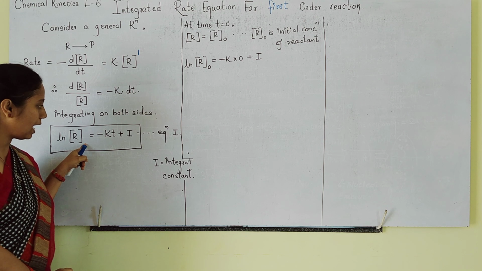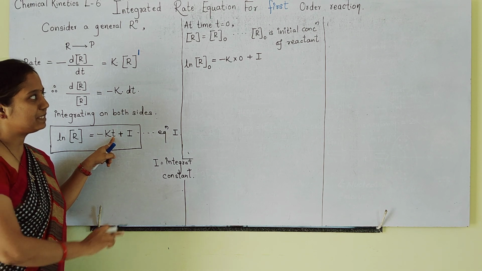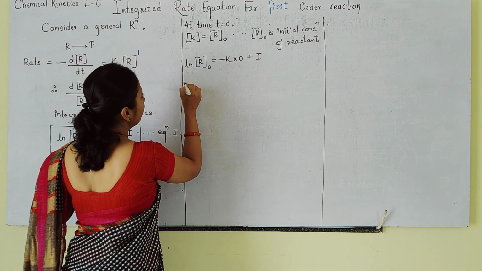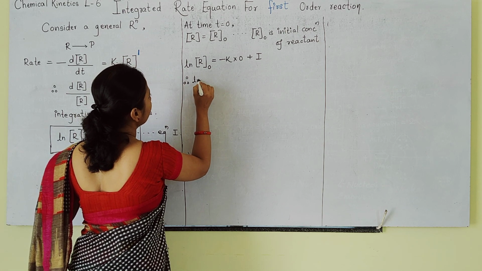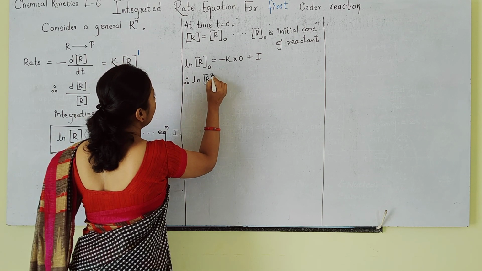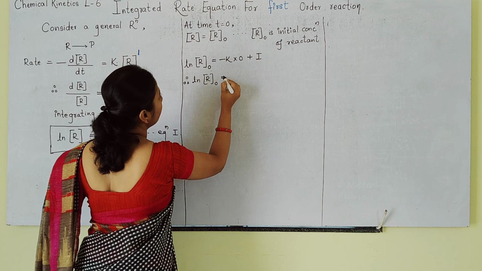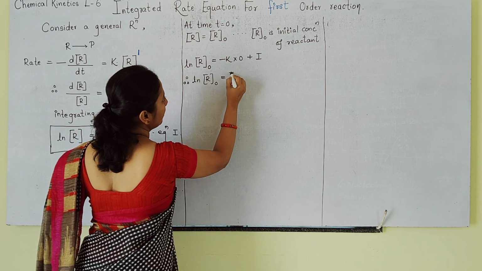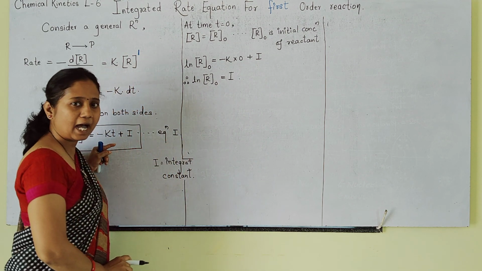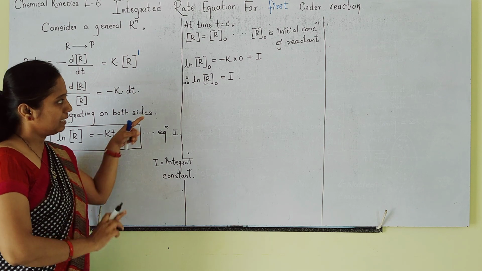Instead of R, I wrote R naught. Time became 0. So finally we got ln R naught is equal to, this is 0, I. I means ln R naught.